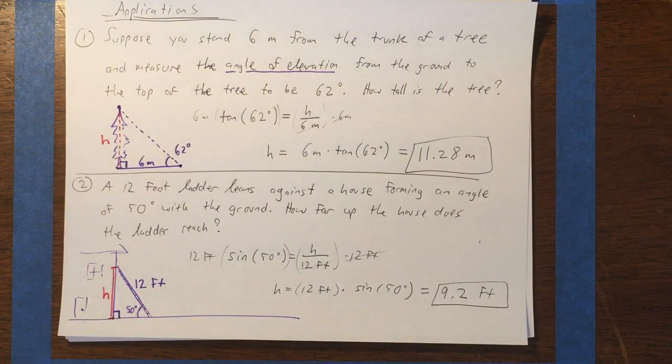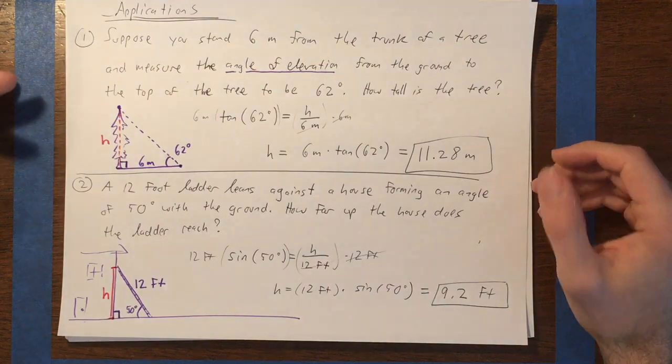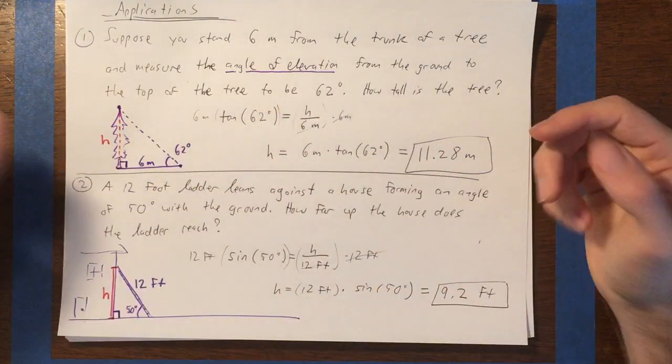So there's a couple examples of using different trig functions, one tangent, one sine. Sometimes you've got to use cosine. Which trig function you use for the problem all depends on which sides of the triangle you either know or want to know.